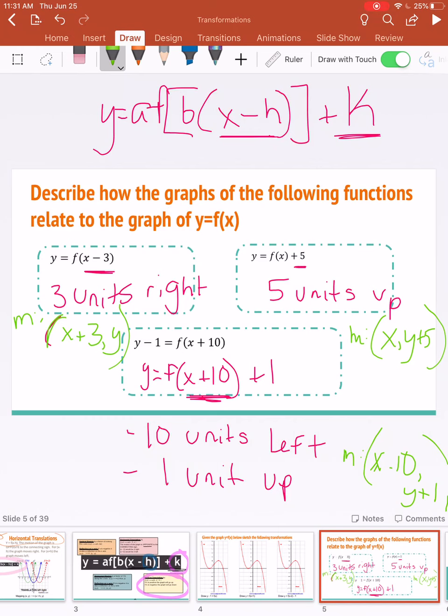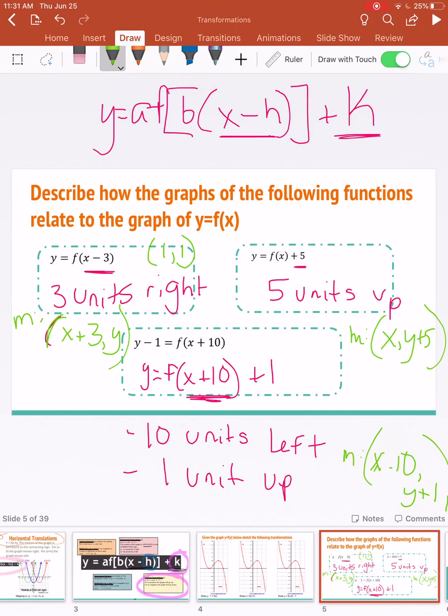If you're wondering what mapping coordinates are, you may have seen them in previous grades, but pretty much they tell us exactly what happens on the graph. Say I had a point of 1, 1 on my original graph, and this translation happened.